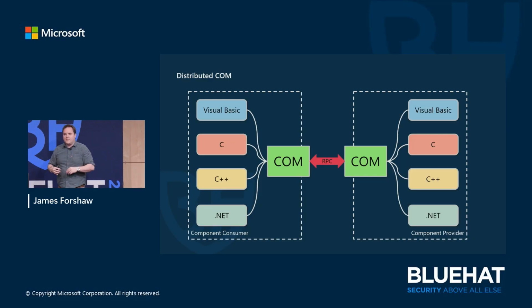And on the component provider side, or the server side, it also doesn't know the client's structure and memory allocation protocols, etc. So we can split that COM boundary up, and as long as we can somehow marshal the parameters passed into that COM interface, we can just slap an RPC channel in the middle. And this is what ends up being distributed COM, or DCOM. Effectively, it allows you to separate out the components and have your consumer in potentially a different process, or even on a different machine, to the component provider or the server.